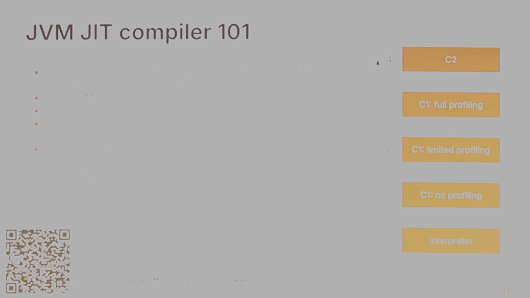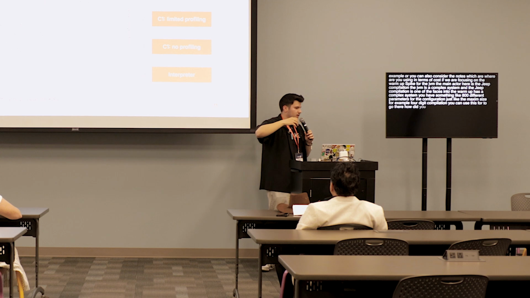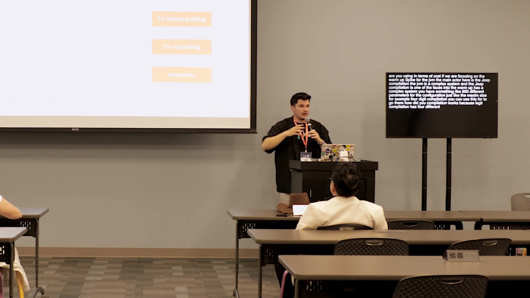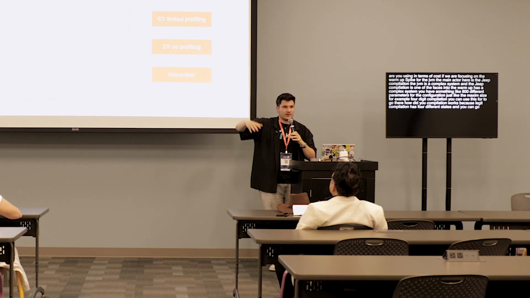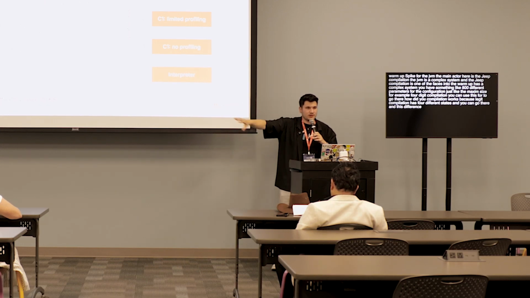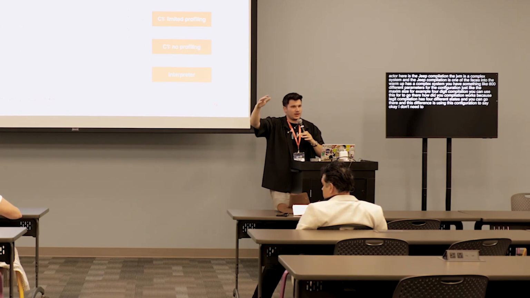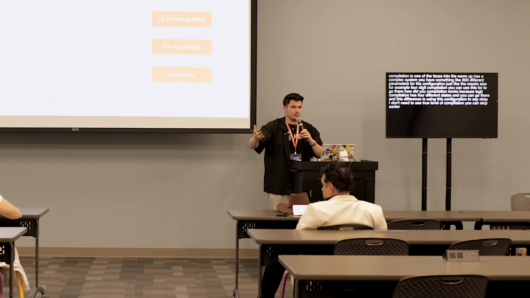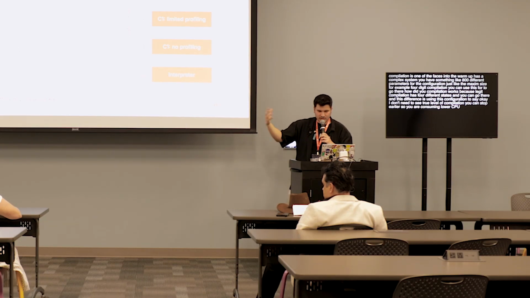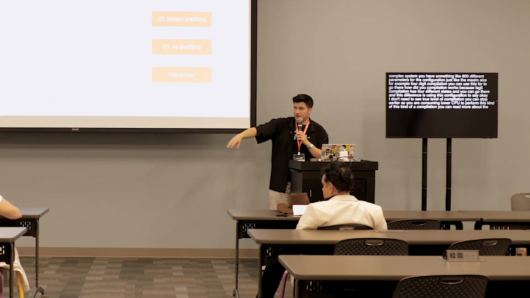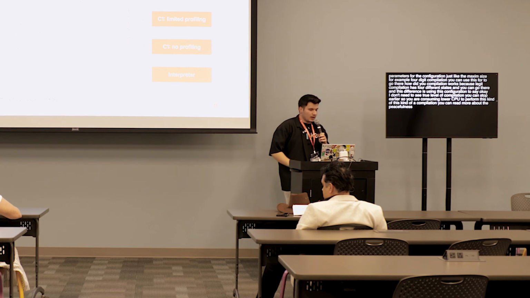For the JIT compilation, you can use these four to govern how it works, because the JIT compilation has 4 different states, and you can govern these different phases using this configuration to say, okay, I don't need the C2 level of compilation. You can stop earlier, and so you are consuming lower CPU to perform this kind of compilation. You can read more about the pitfalls of Java in Kubernetes. I wrote an article about that if you want.